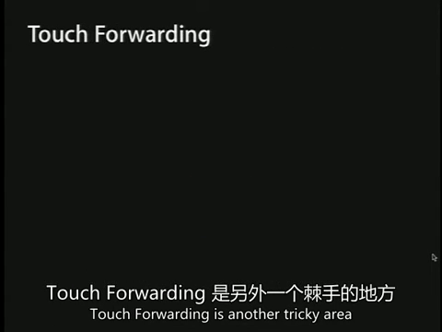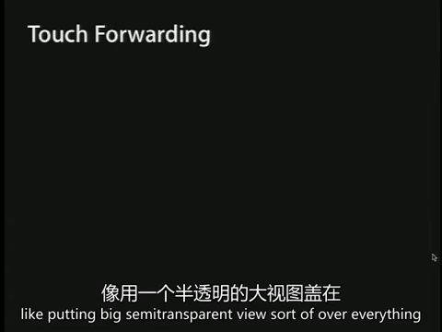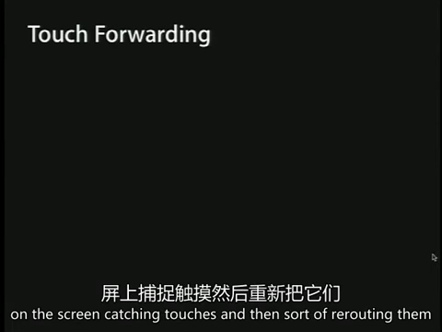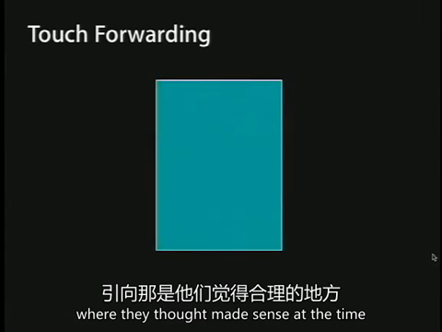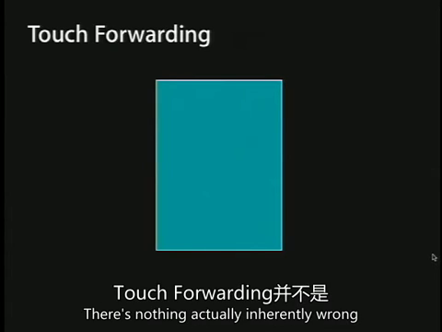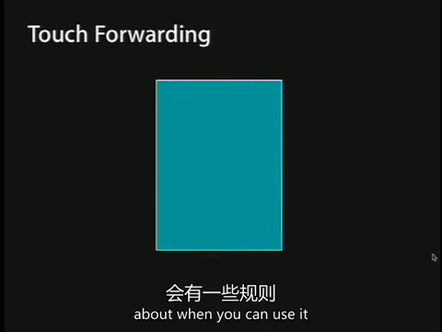Touch forwarding is another tricky area. We found a lot of cases where people were putting a big semi-transparent view over everything on the screen, catching touches, and then rerouting them where they thought made sense at the time. There's nothing inherently wrong with touch forwarding, but there are some rules about when you can use it.